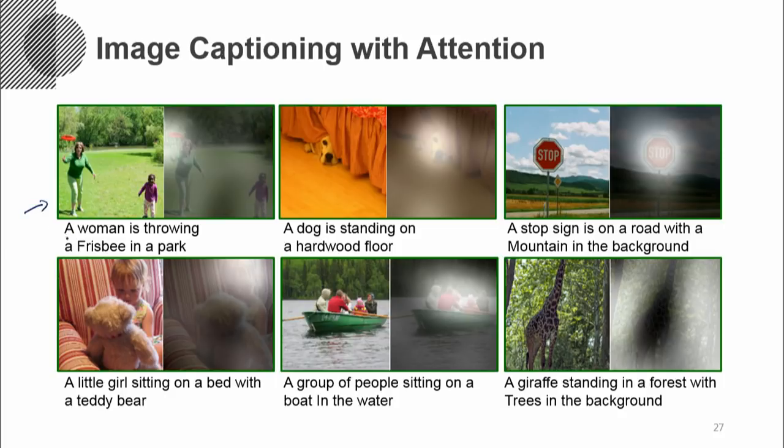Given this image, this is the generated caption, and when generating this word frisbee, it properly looks at the region of the image that contains the frisbee. And then, dog is standing on a hardwood floor. When generating the word dog, this is the corresponding attention.